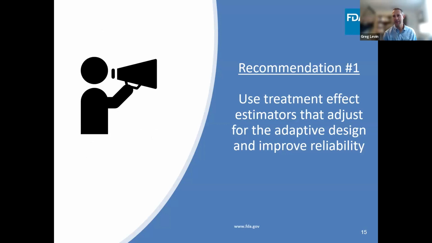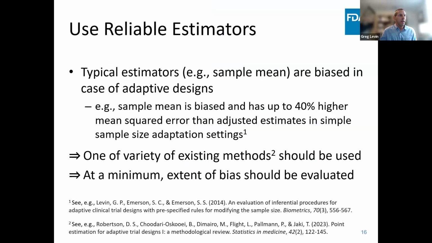It's pretty standard to conduct a group sequential or an adaptive design, have careful planning of a testing approach that controls type 1 error, and then just ignore the estimation problem and report conventional point estimates and confidence intervals in the clinical study report, in the labeling, and in major journal publications.